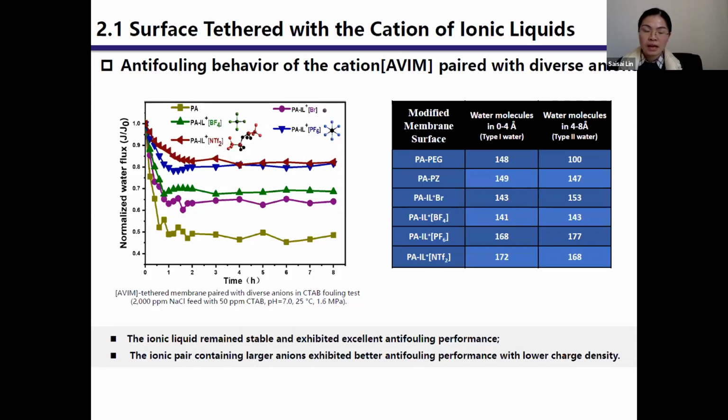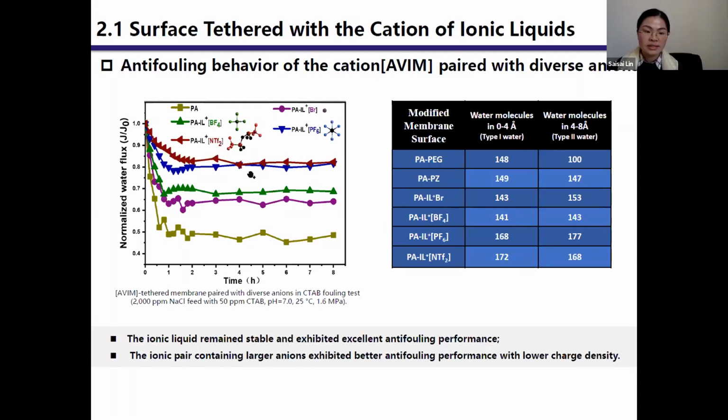Then we also checked the antifouling behavior of the cation after the ion exchange. That means we fixed the cation AV-IM and exchanged the anion. We paired the cation AV-IM with different anions of diverse molecular size.